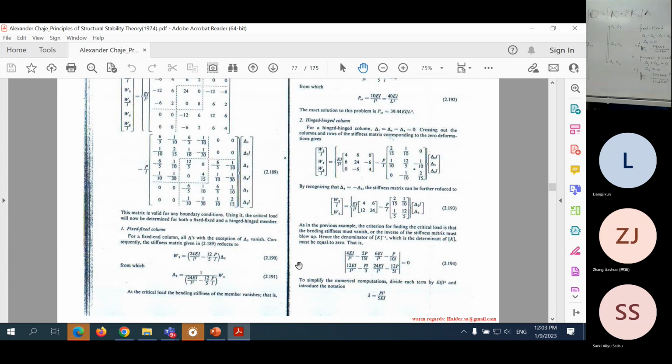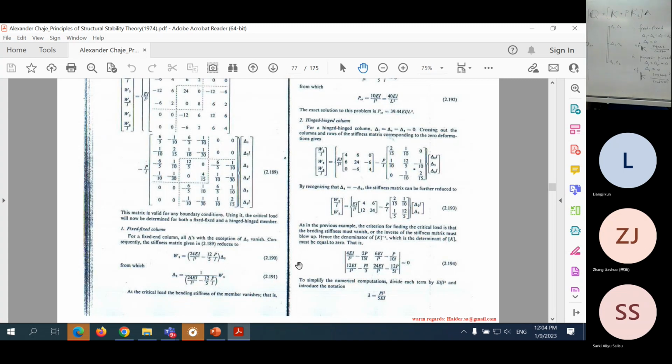Because this is negative delta 2, this column you have to add to the first column, and then you get this, and then the third row you don't need to consider. So you add the negative of this column to this, the negative of this to this. Then you take away the third row because the independent ones are only 2.